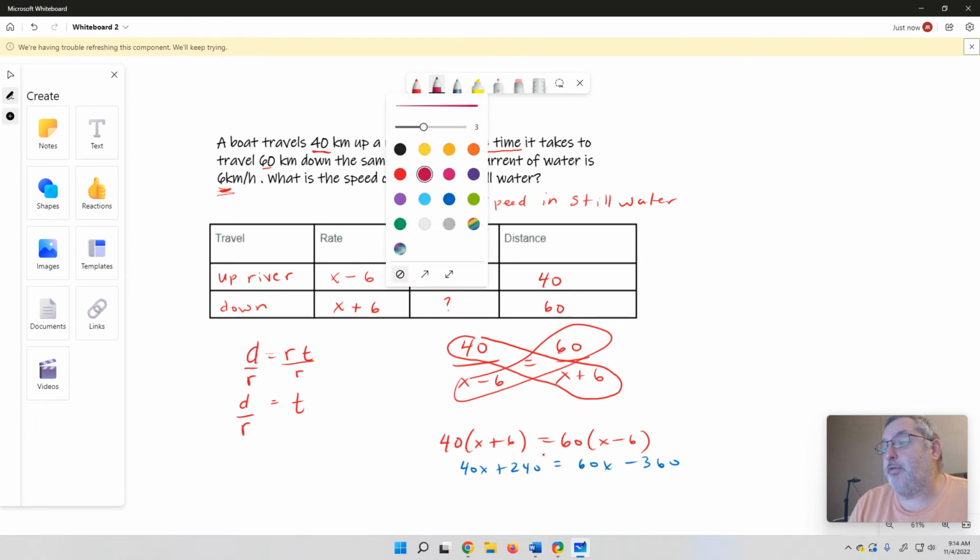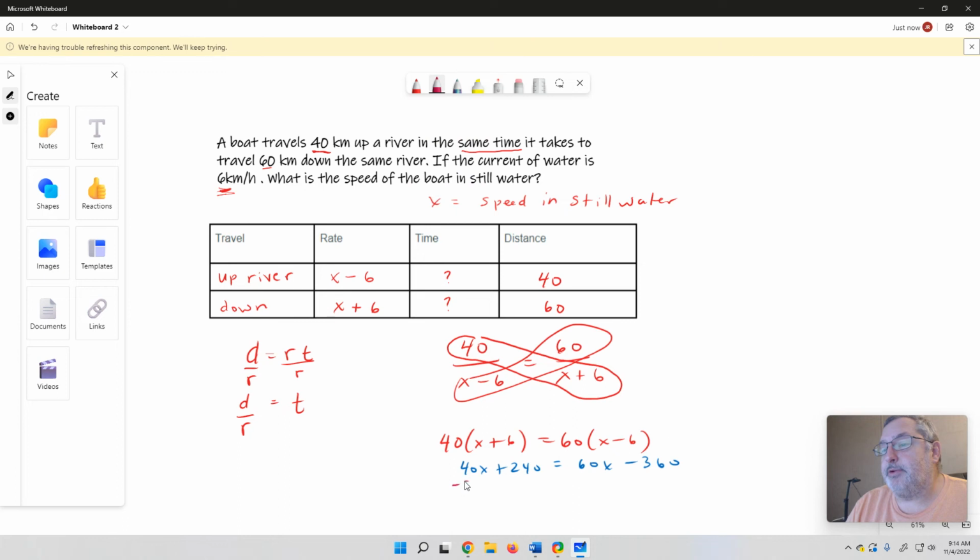And so now we just solve for x. I'm going to subtract 40x from each side. And so that gives me 240 equals 20x minus 360.